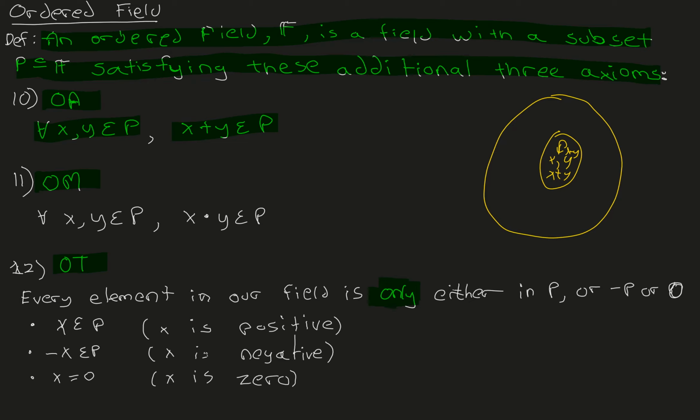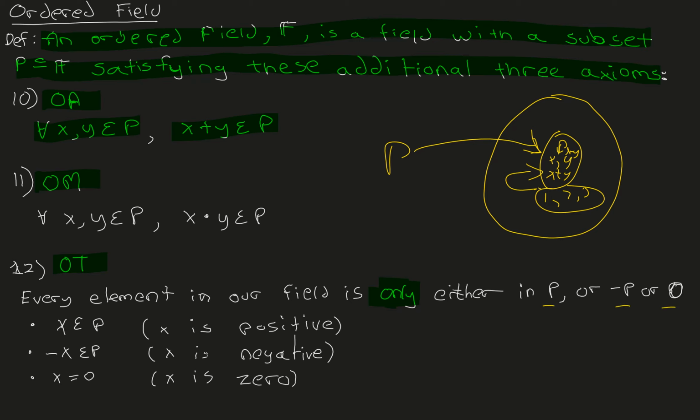How I like to think about it is that P is the subset where all the positive numbers are. All the positive numbers, for example 1, 2, 3, are all part of P. So if an element is in P, it is positive. Every element is either in P, in minus P, or 0.